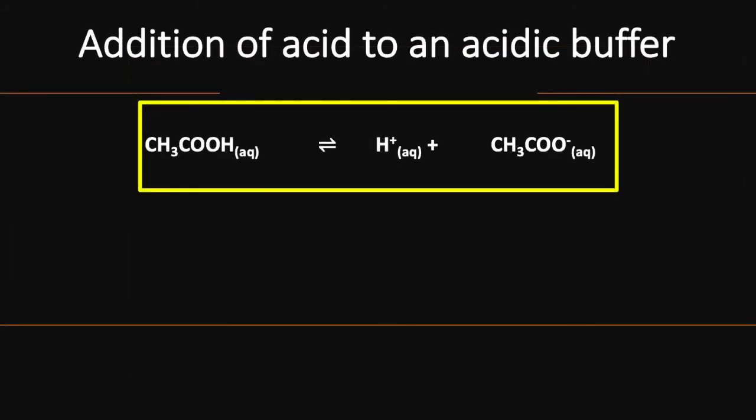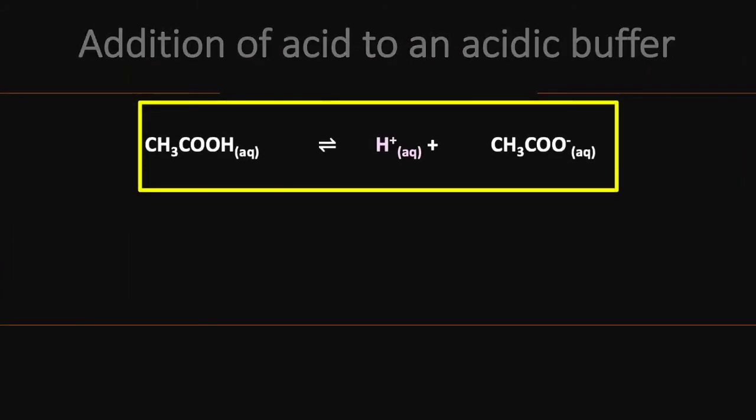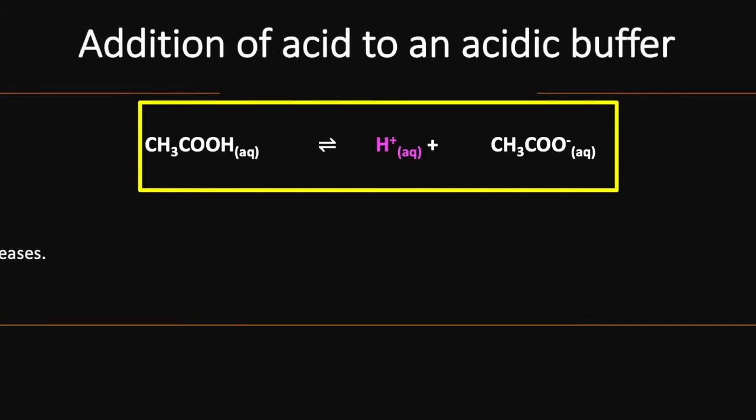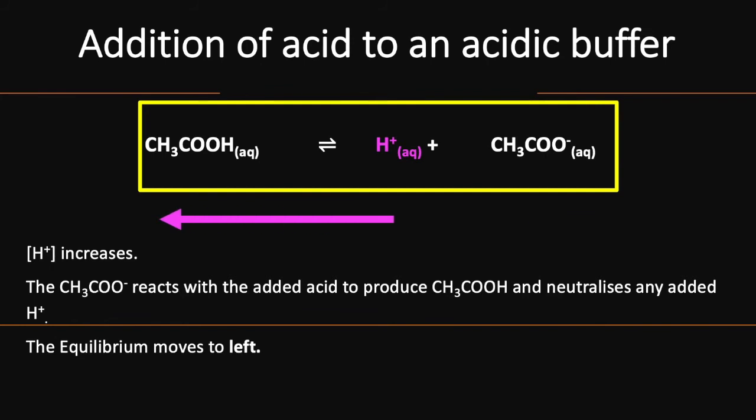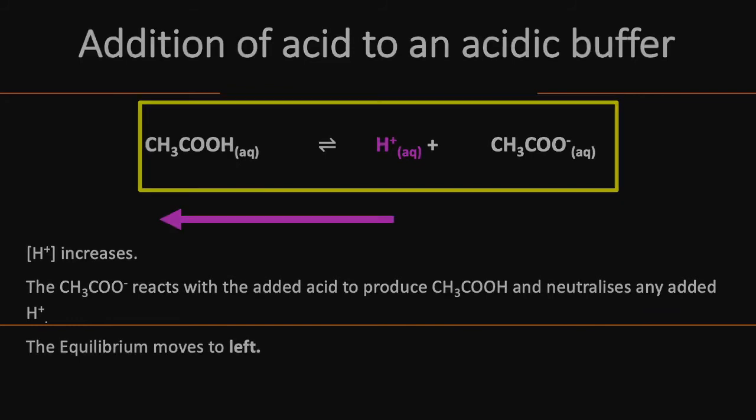If we now add some acid to an acidic buffer, then our concentration of H+ will increase. The ethanoate ion will react with that acid to neutralize it, and the equilibrium will move to the left. And of course we have lots of ethanoate ions from the sodium ethanoate that we've added.